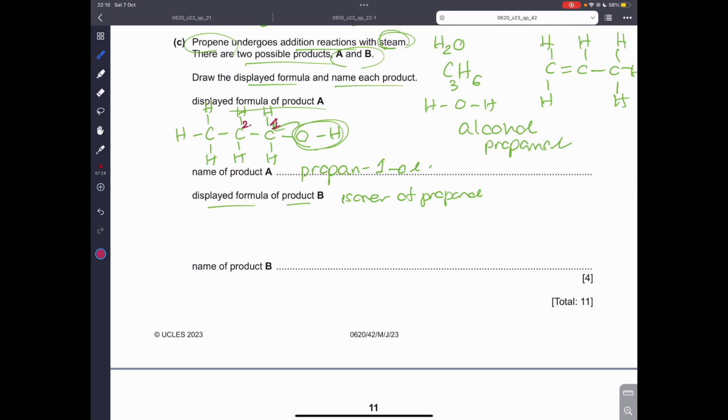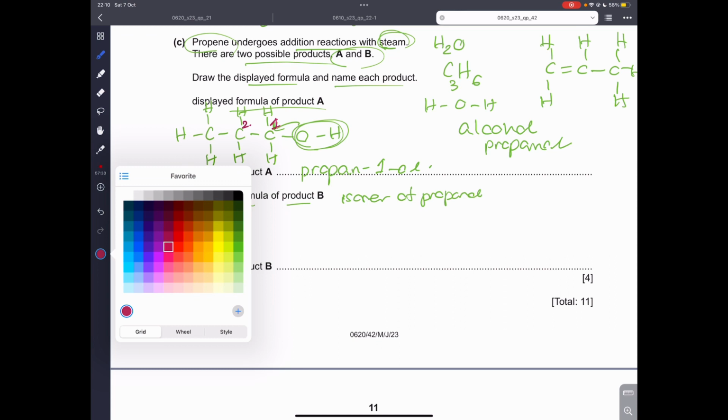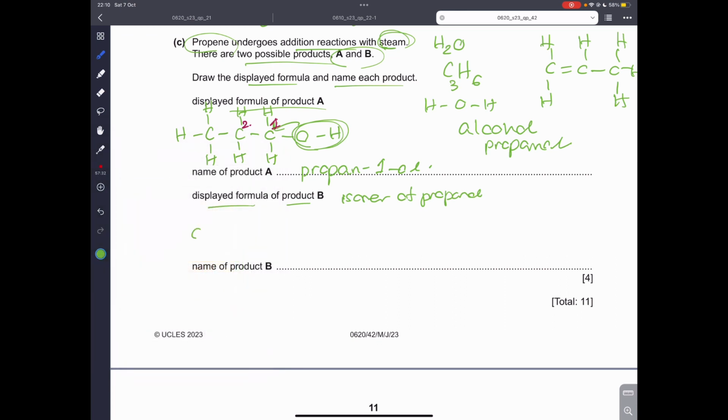So how will this look? Well, let's draw it. This will look something like this: CH3, C, right? There's going to be an OH here, there's going to be H here, and there's going to be CH3.